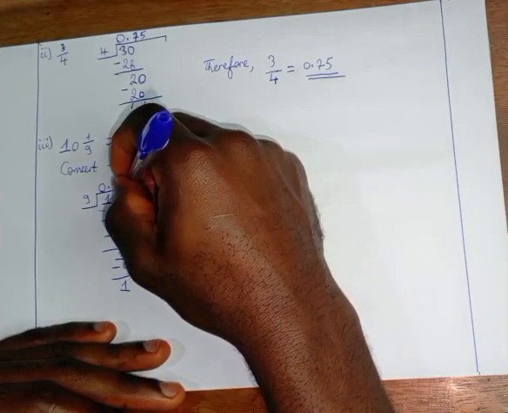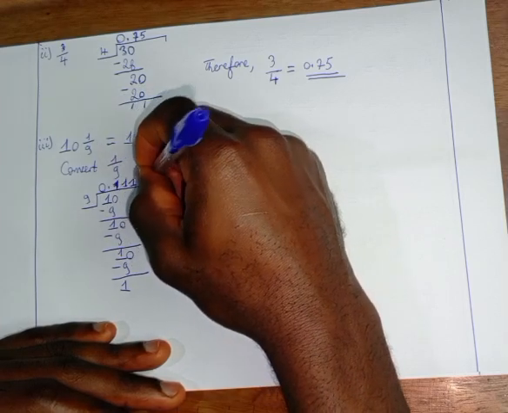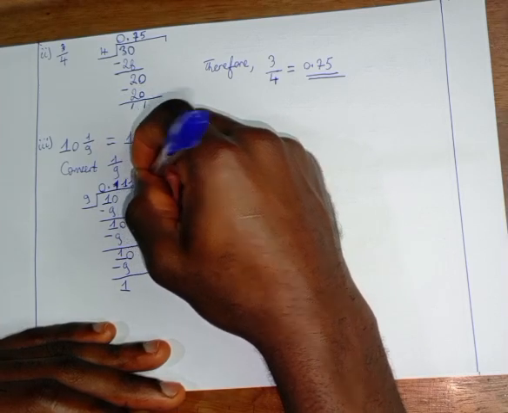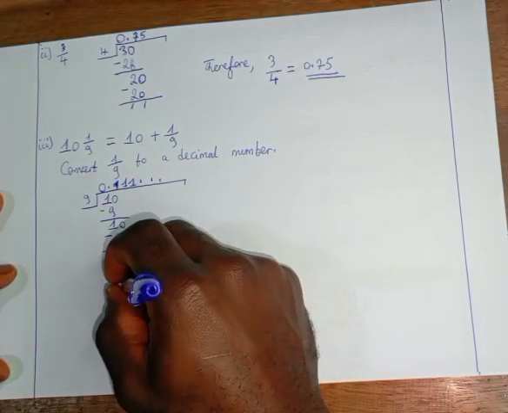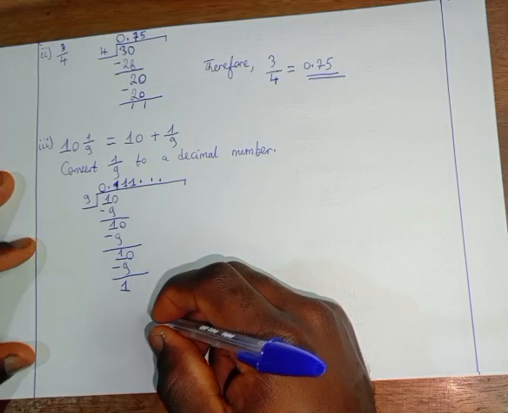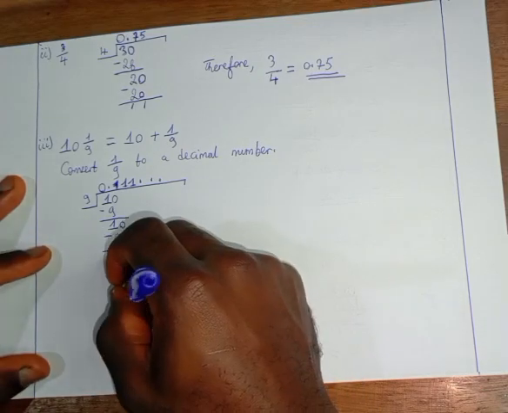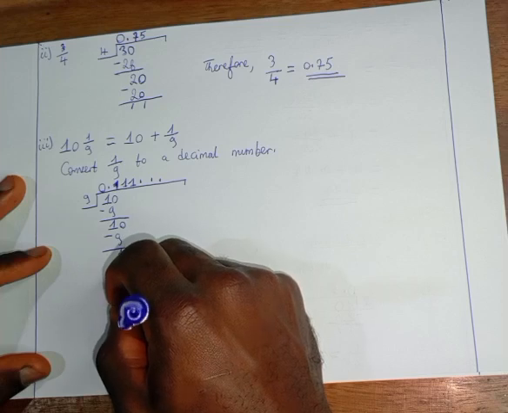So you see that this one is non-terminating, continuous. That means you can do this from today to the day you leave this world. You will never arrive at an end. So I'll put 3 dots here, indicating that it continues.